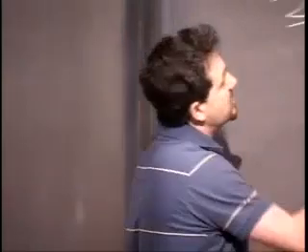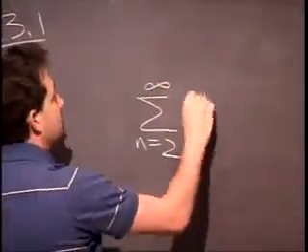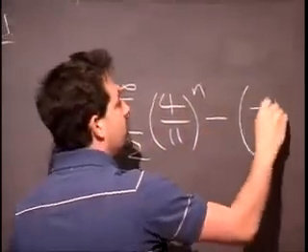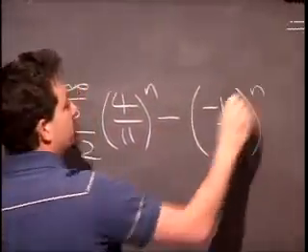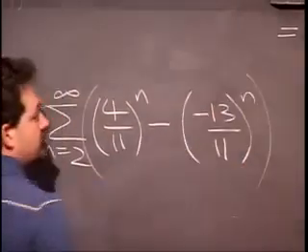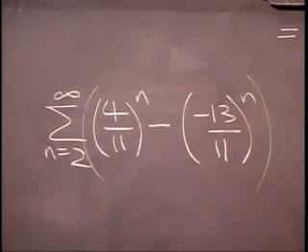Let's suppose I change it very slightly and write it down like this: 4/11ths to the n minus, say, -13/11ths to the n. Suppose we'd found out that this was the series that we were dealing with. Well, this one is no problem. It converges.